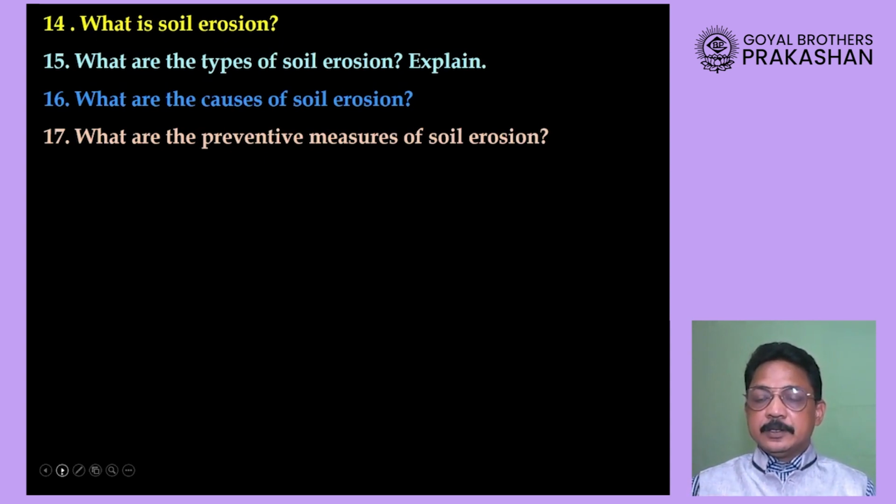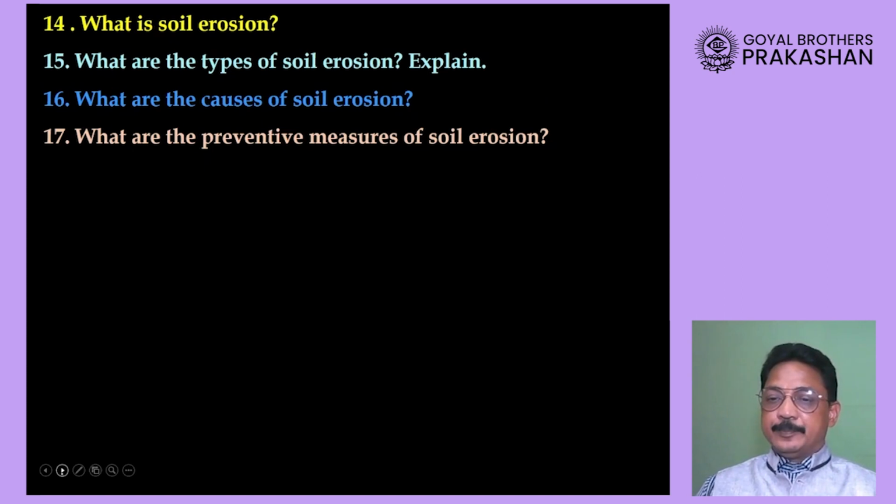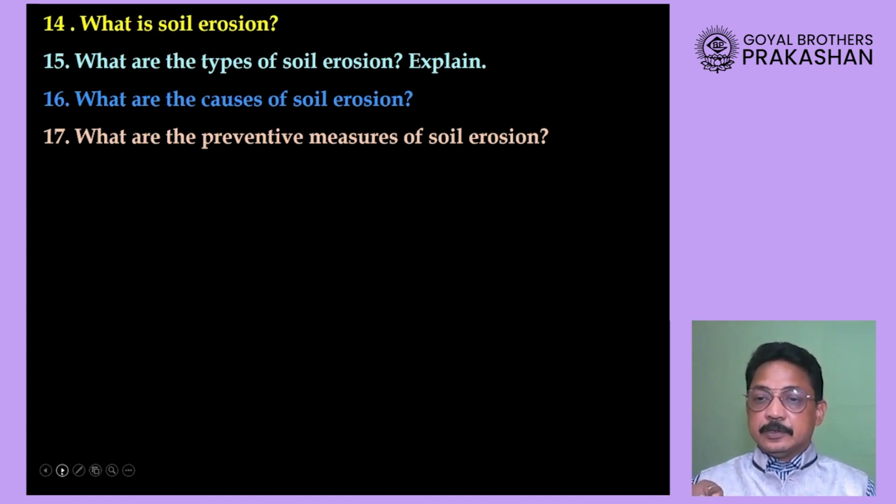Reason number three, human activities like mining, construction works, etc. Point number four, improper agricultural methods like plowing parallel to the slope of the land. That is an improper method of plowing, included in agricultural activity. These are some of the reasons for soil erosion.